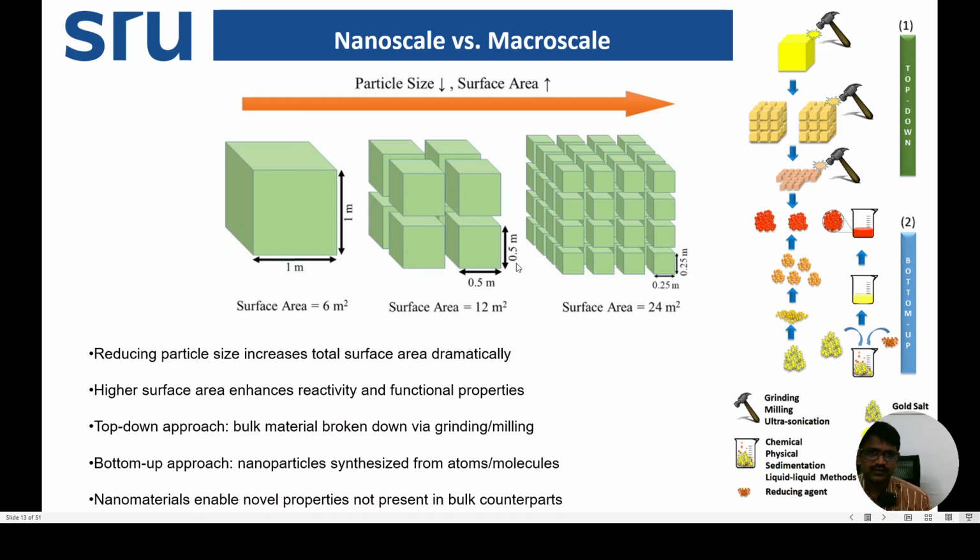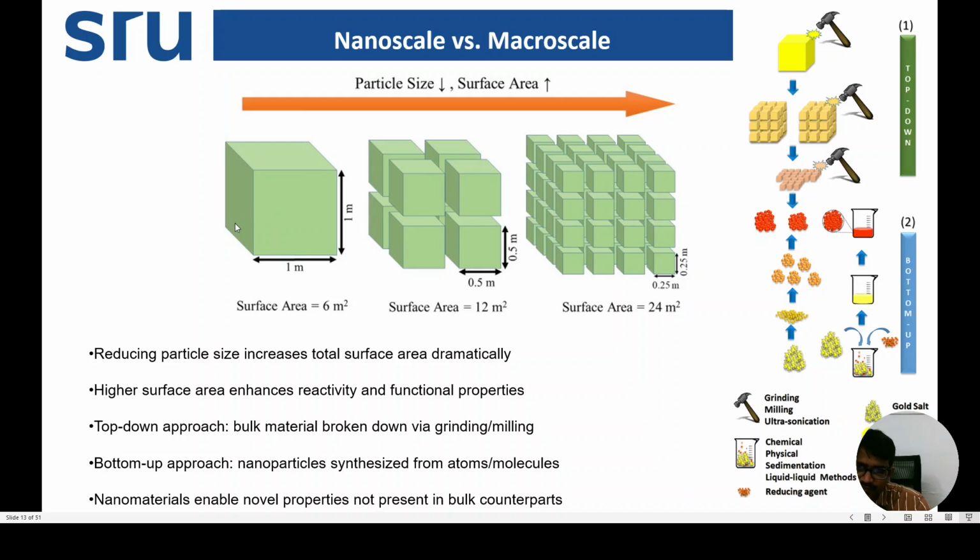So the surface area of all these cubes becomes 12 meter square. And if you further divide into cubes whose individual side is 0.25 meter, then the surface area of the total cubes is 24 meter square.